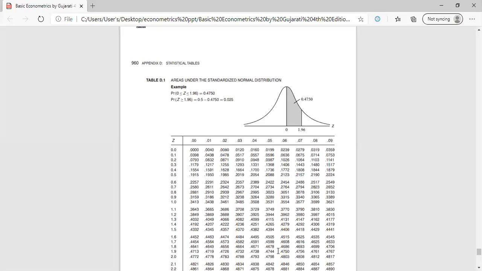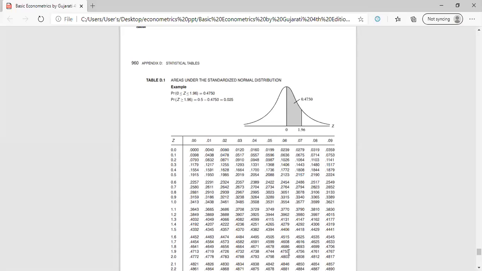Here this is the value 0.4750 that is given on the graph. So that's how you get an area.